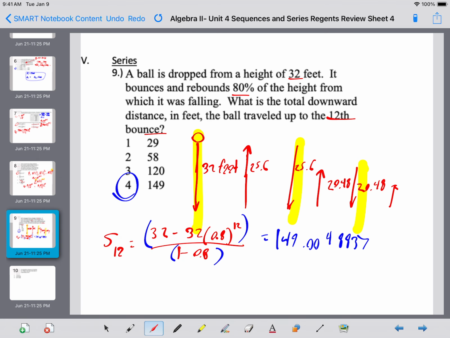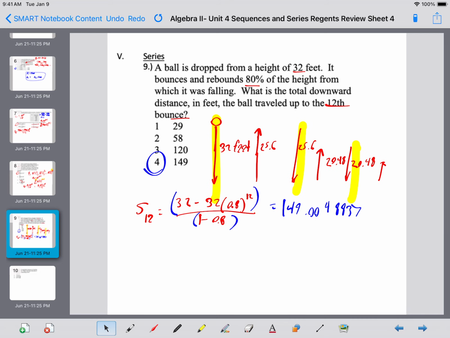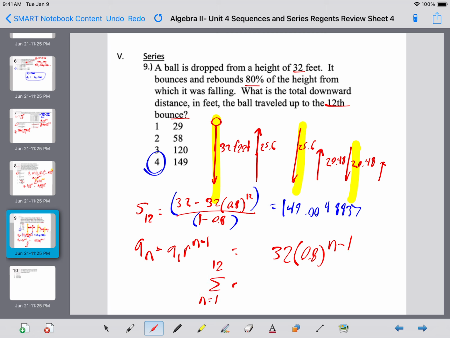Something you could do to try to check your answer, you could use summation notation as well. You would use your geometric sequence formula to create the rule. First term is 32, common ratio 0.8 to the n minus 1. You're using a sequence formula, so start at 1, go to 12, put the rule.